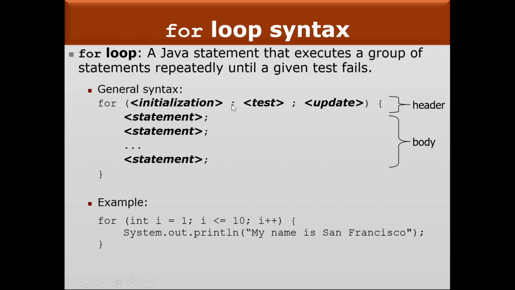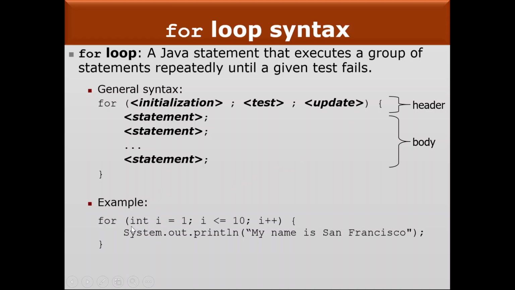The first part, separated by a semicolon, is the initialization, followed by the test or the condition, and then the statements or block will be performed, and separated by a semicolon is the update. It can be in the form of a decrement or increment.